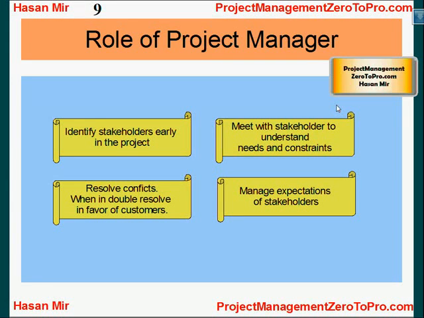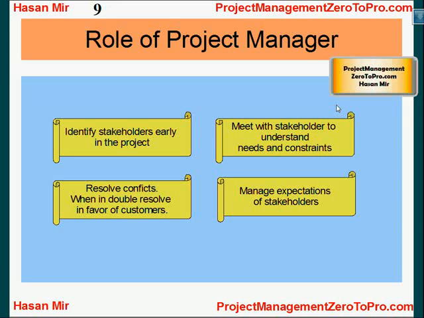Once that is done, the project manager might note that some of the interests of the stakeholders are conflicting. So he would be resolving all the conflicts. If a customer is in the picture, as far as the conflict is concerned, then mostly the resolution would be in favor of the customers.